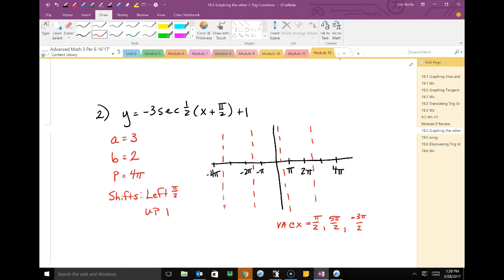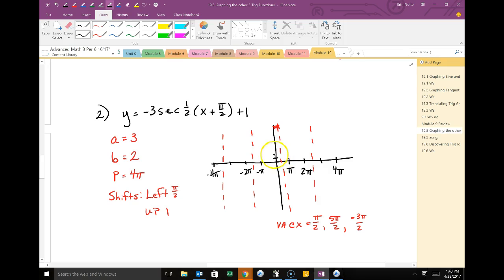Okay, so first of all, what's my amplitude? 3, right? My amplitude is 3, but I have a shift. So let's talk about this upper, what did I call this again? Amplitude line, right? So if I'm up at 3, but I have a shift of up 1, where is that amplitude line going to land? At 4.